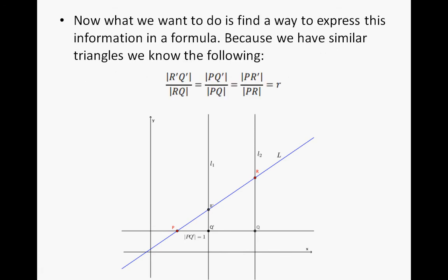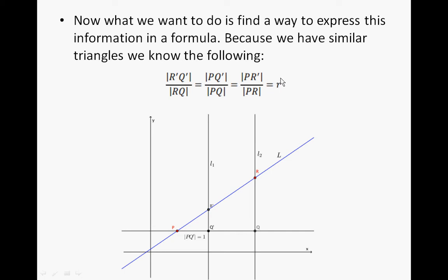Now what we want to do is find a way to express this information in a formula. Because we have similar triangles, we know that the length of R prime Q prime is proportional to RQ, that the length of PQ prime is proportional to PQ, and that the length of PR prime is proportional to PR.